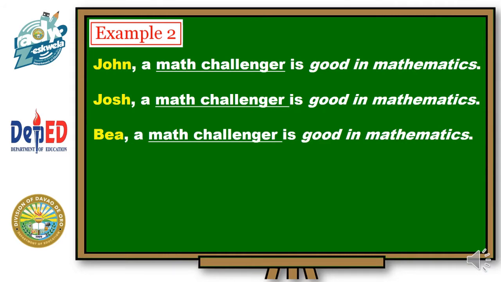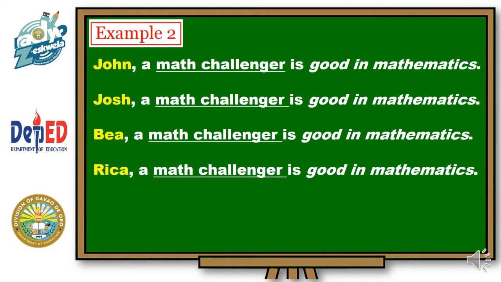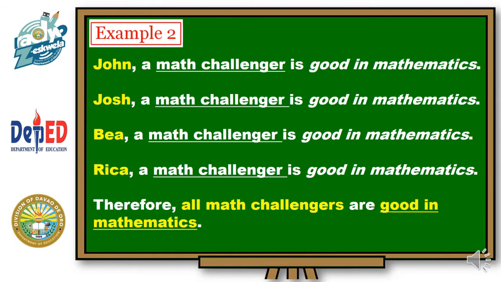Bea, also a math challenger, is good in mathematics. And Rika, who is also a math challenger, is also good in mathematics. Therefore, we can say that all math challengers are good in mathematics.